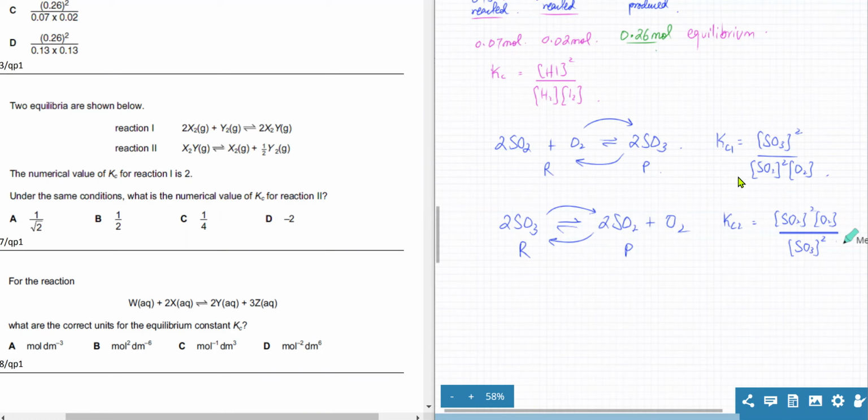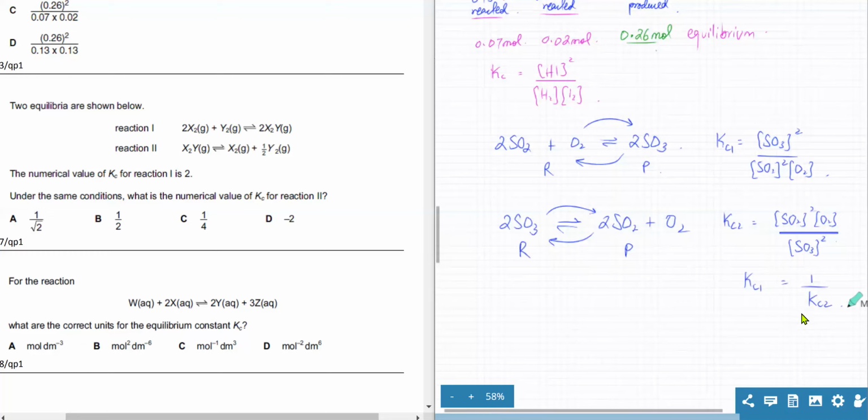Now, what would be the relationship between Kc1 and Kc2? Since they are using exactly the same values, Kc1 is just an inverted Kc2. Like if you take the inverse of Kc2, I don't think that's the right mathematical term. If you just make it upside down, it's going to be Kc1, right?